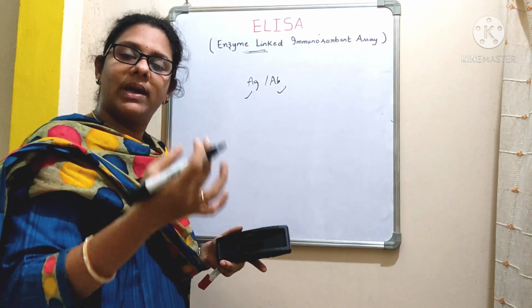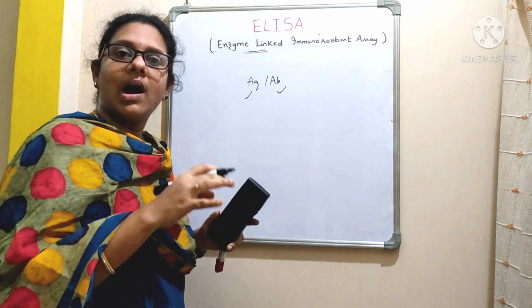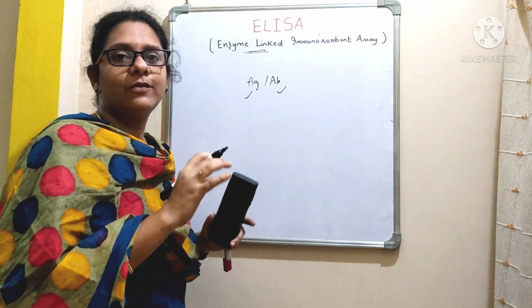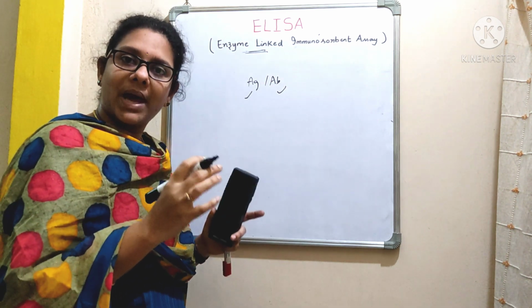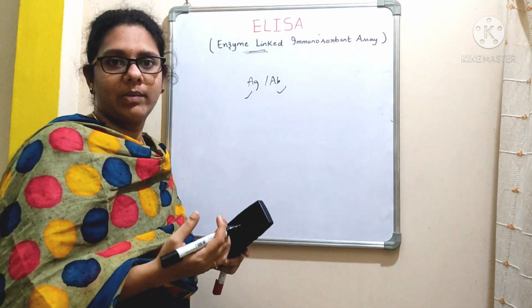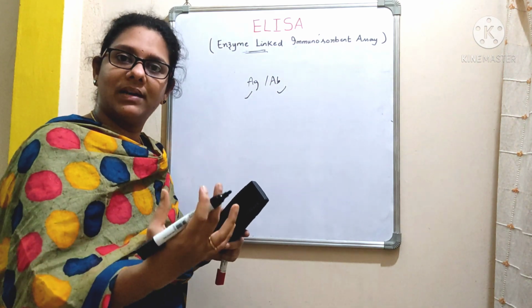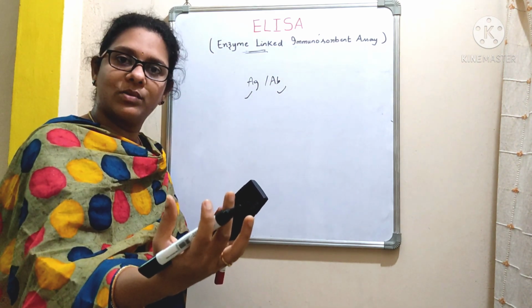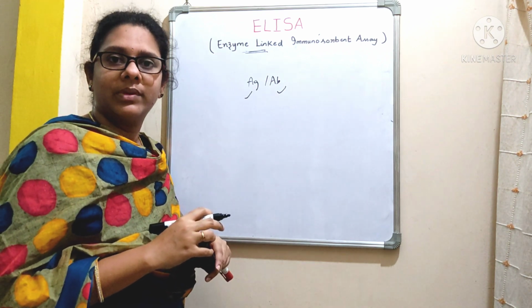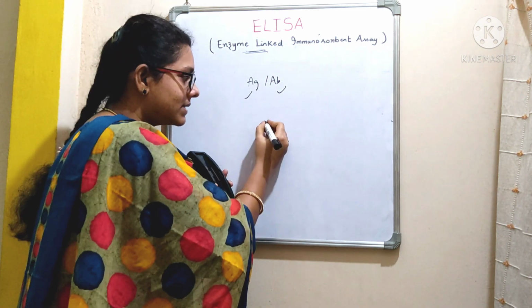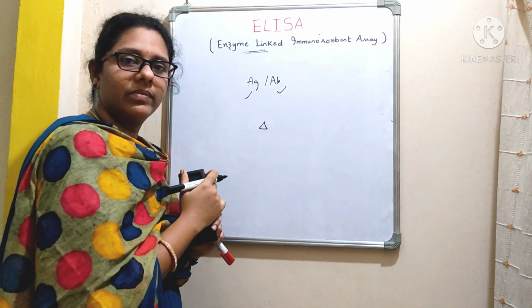Whenever a microbe enters into our body, our body will recognize it as a foreign particle, because that particular pathogen is not related to our body. Whatever particle enters from the external source into our body will be recognized as a foreign particle. For example, this is one antigen.